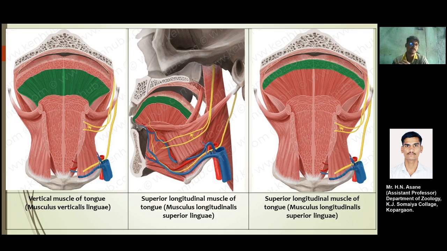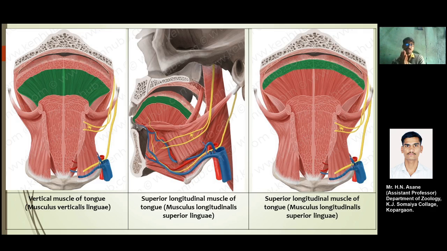The superior longitudinal muscles are in the middle picture, and as you can see in the third picture from your left, these are the superior longitudinal muscles of the tongue that form the borders of the organ. The borders of your organ are made up of these superior longitudinal muscles, which pull your tongue backward towards the root from the tip or apex. In the middle picture, this is the ventral section of the muscles.